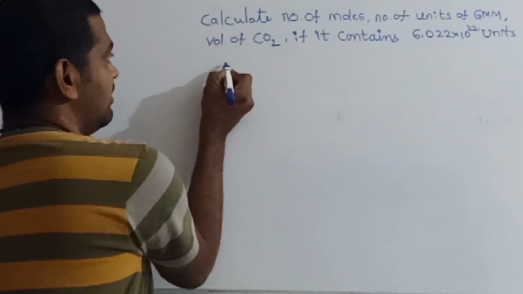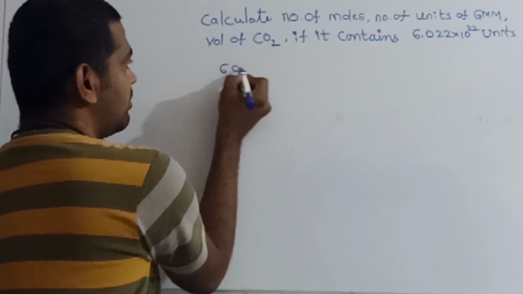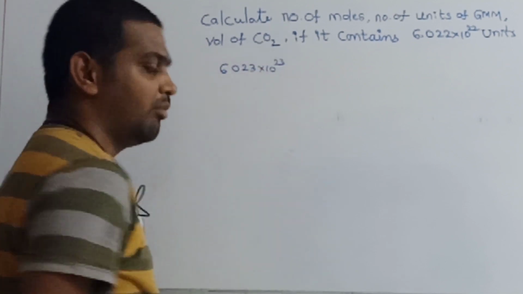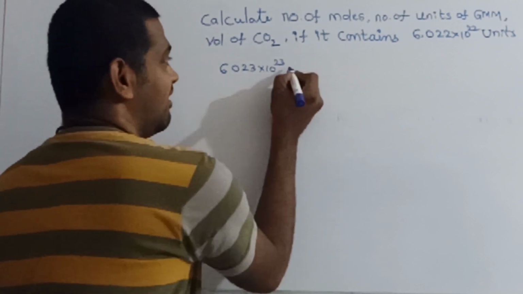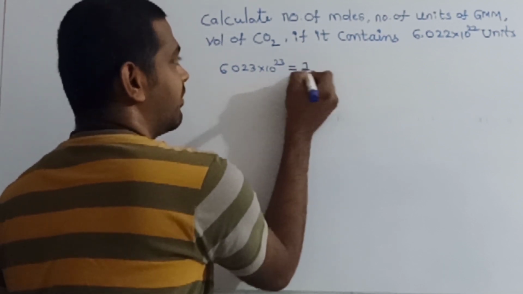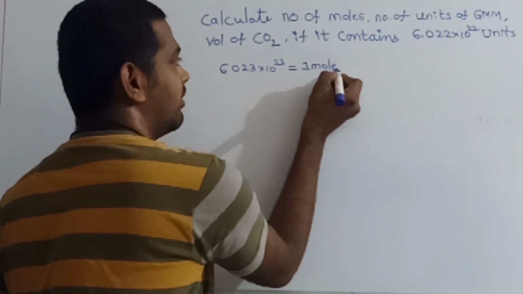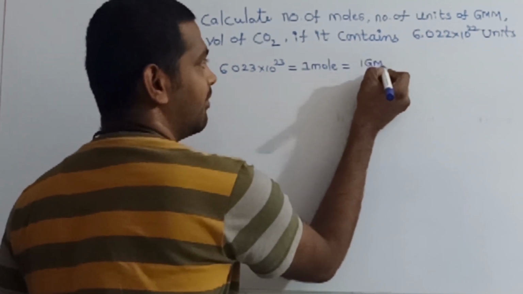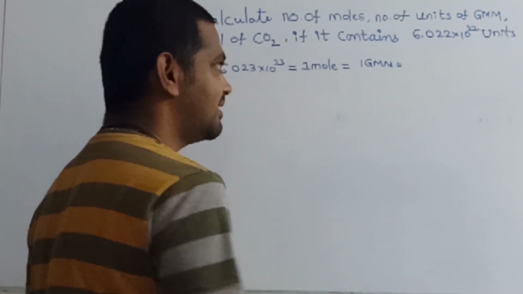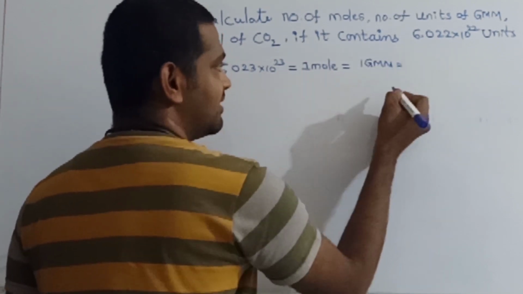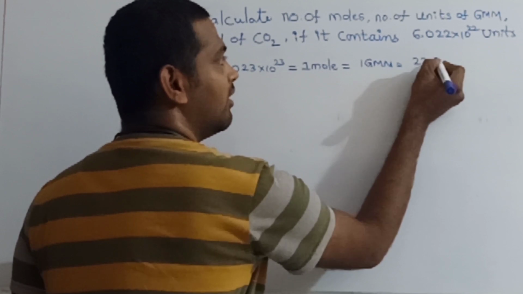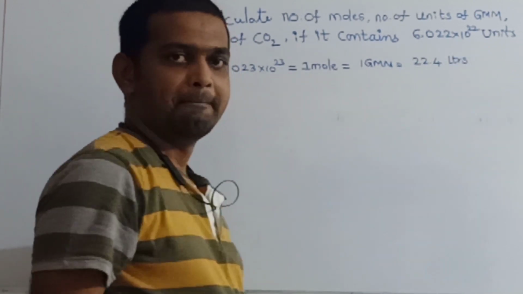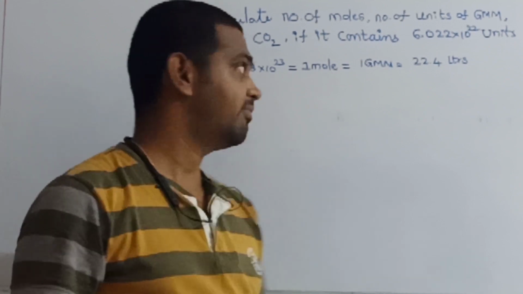So here 6.022 into 10 to the power of 23 carbon dioxide molecules are equivalent to 1 mole, which consists of 1 GMM, which consists of 22.4 liters at STP.